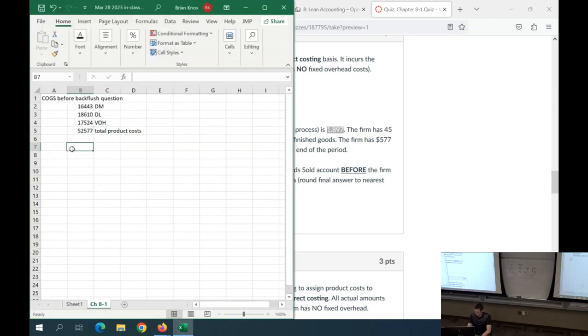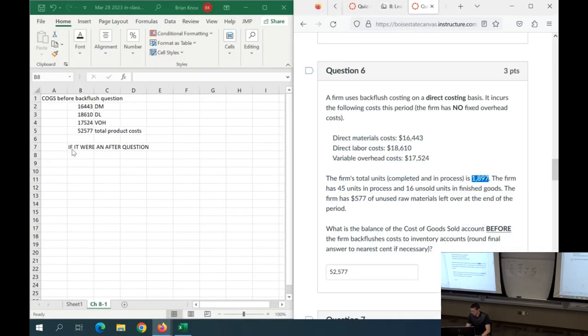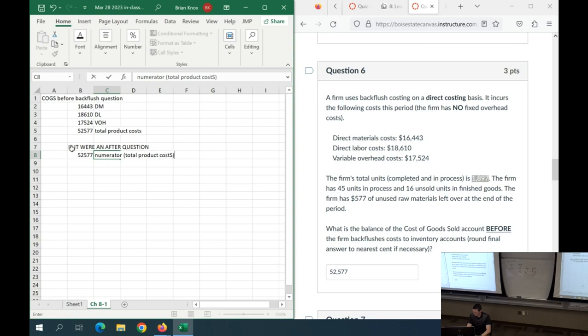If it were an after question, sorry, I channeled Tevi there. If it were an after question, we have the numerator, total product costs, 1897, and the denominator, which is total units.